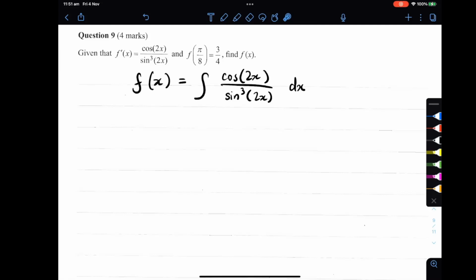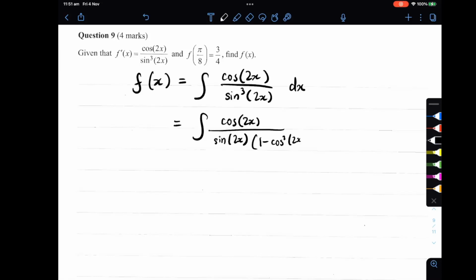So if we want to integrate this, we could break this sine here into sine of 2x, and then we could break it also into 1 minus cos squared of 2x. I'm not sure if that helps.